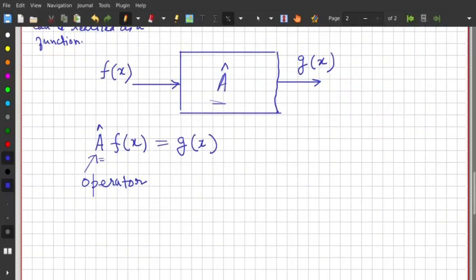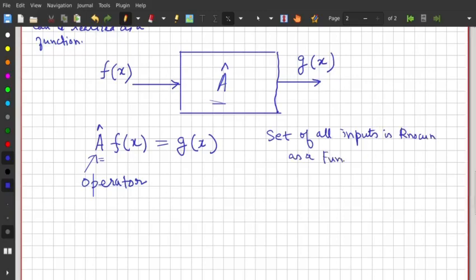On the other hand, for the operator A hat that we are discussing now, the set of all inputs is known as a function space. Not just inputs but also outputs. What we are dealing with is picking functions from a space of functions.